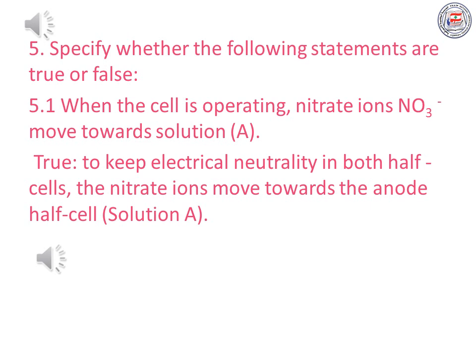Because the metal is changing into a cation, Zn2+, this would increase the positive charges. For that, the anions NO3- migrate to the anode in order to maintain its electrical neutrality by decreasing the positive charges. So, to keep electrical neutrality in both half cells, the nitrate ions move towards the anode half cell, solution A.